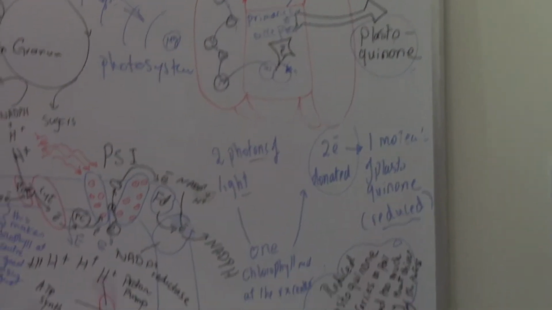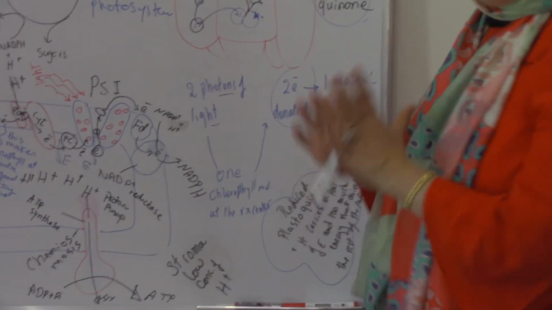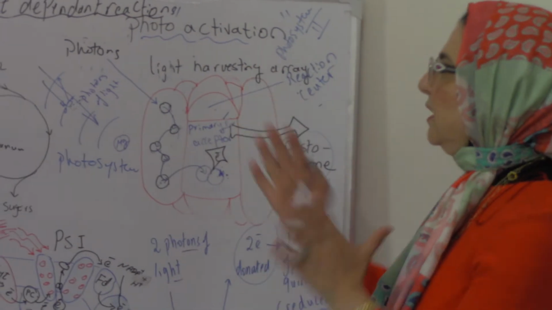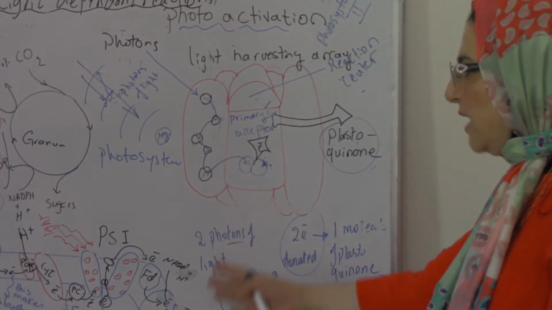This reduced plastoquinone can carry a pair of electrons, and not only electrons, it also carries lots of energy, and it drives the rest of the light-dependent reactions. And now you will see the role of the reduced plastoquinone to drive the rest of the light-dependent reactions.